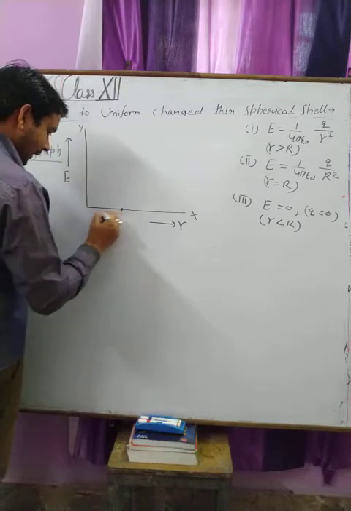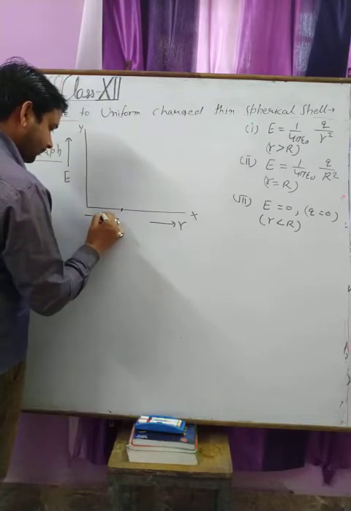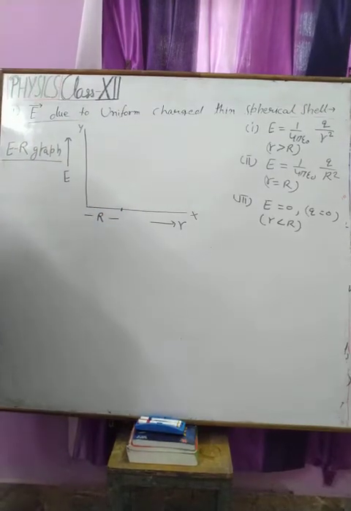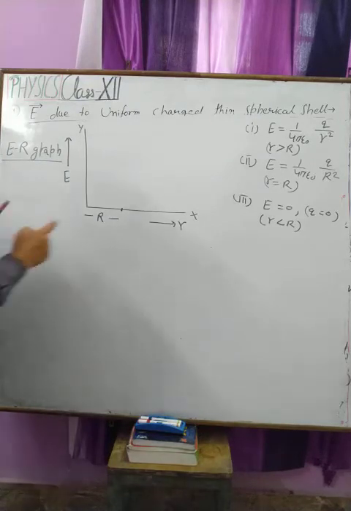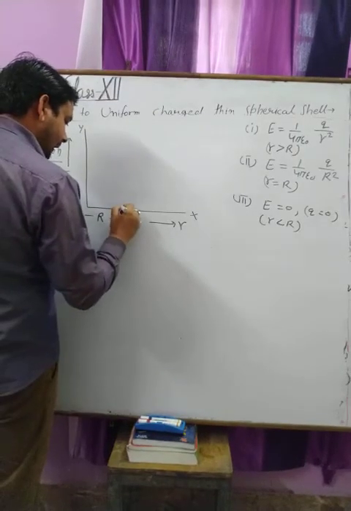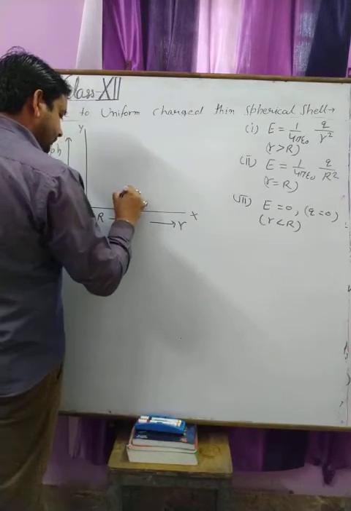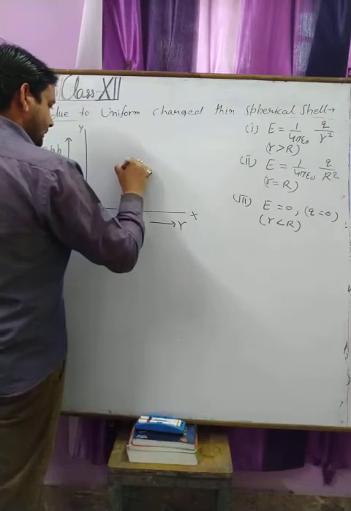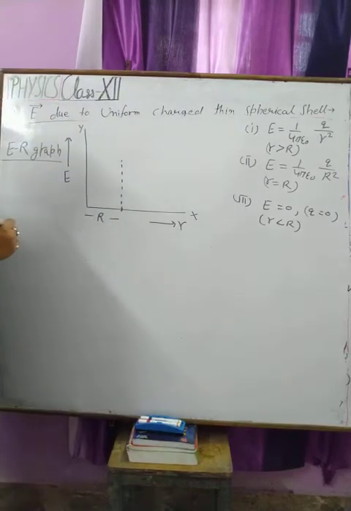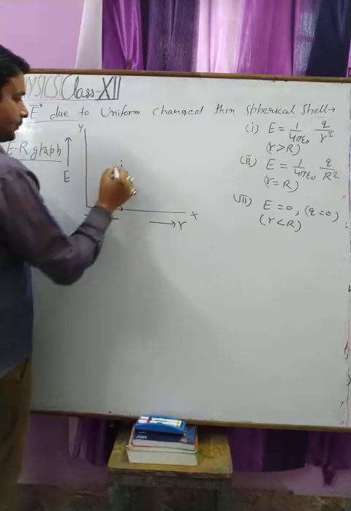This is the point of the radius of the cell, and we find this value is maximum at this point.